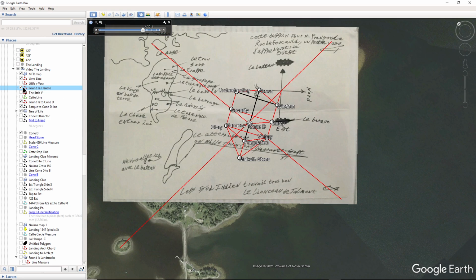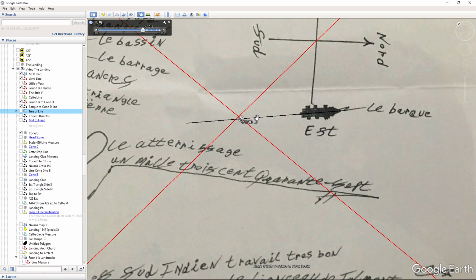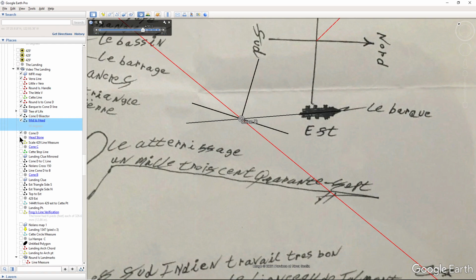So the next thing, let's take the tree of life off of here. And we know now that this, let's see, let's take this off. So we know this is bisected, and we go to the midstone, and that takes us to the headstone. And the relationship between the headstone and the cone is the distance.